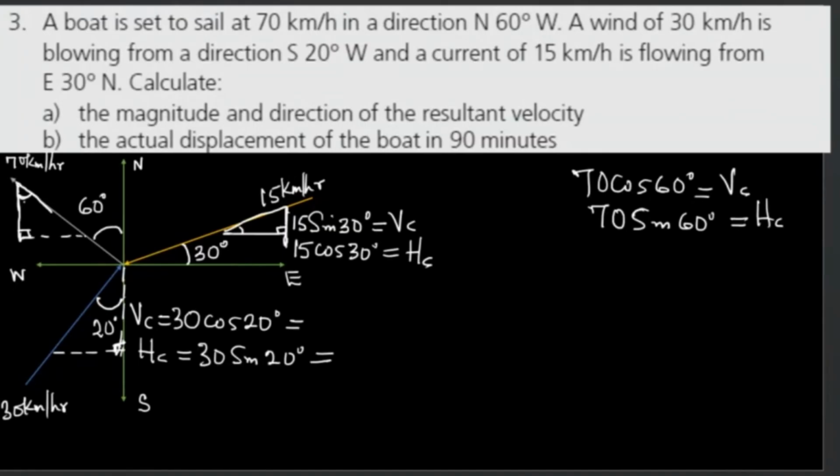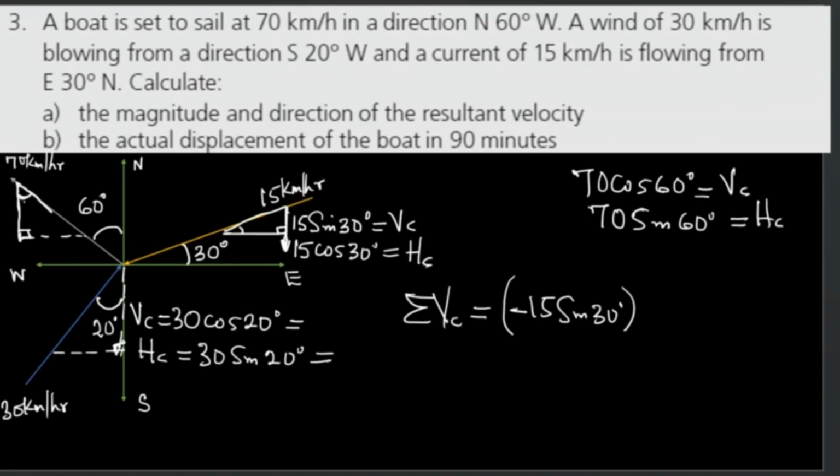So now we just need to get the values, but I can write it in this form. Let's start with the vertical component. Summation of the vertical component. Let's start with the one of 15. With the 15, it's coming from that direction, so it's going to be minus 15 sine 30.